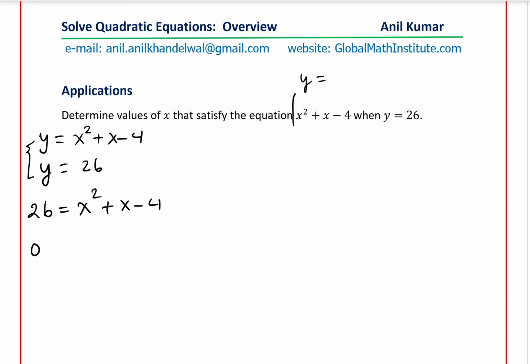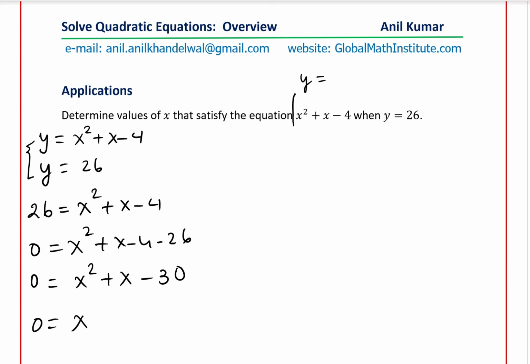So rearrange by taking 26 to the other side. So we get x squared plus x minus 4 minus 26. And that gives you 0 equals x squared plus x minus 30. You could actually factor this equation. We're looking for sum and product. Minus 30, 6 times 5, right?